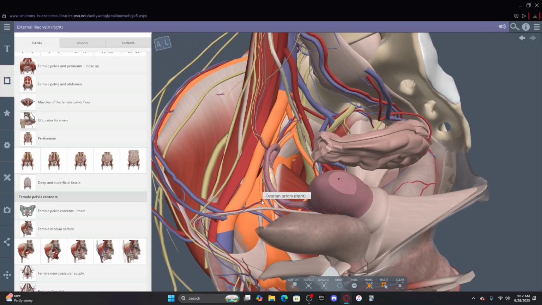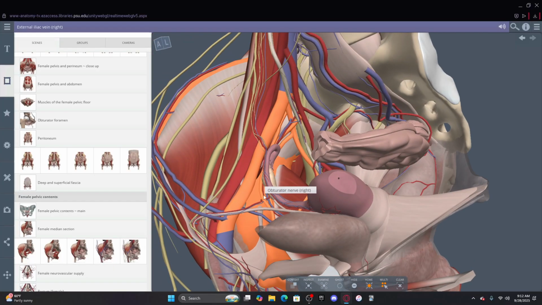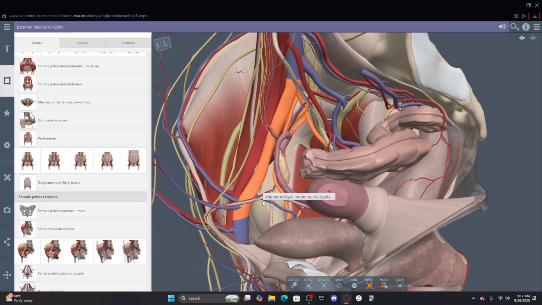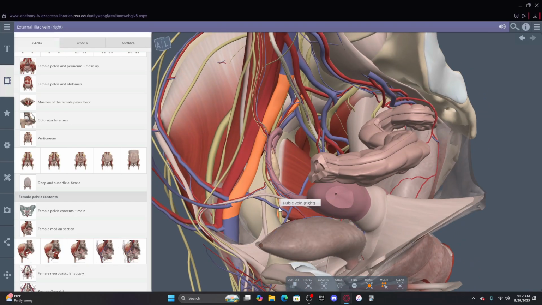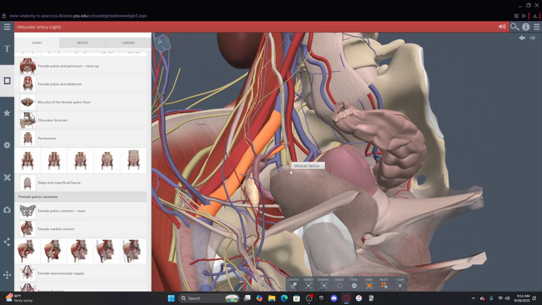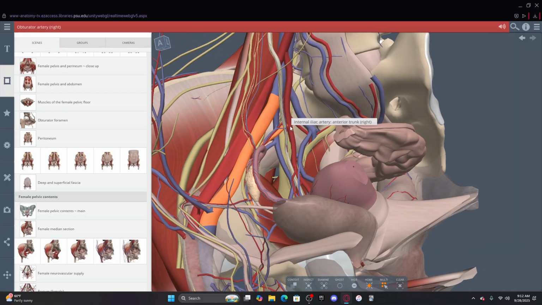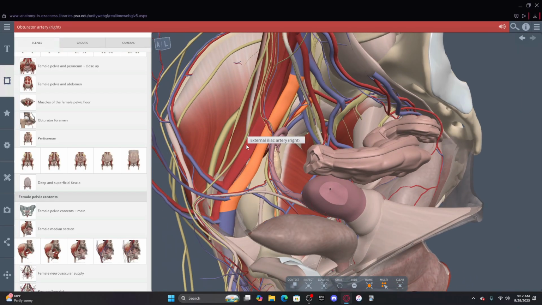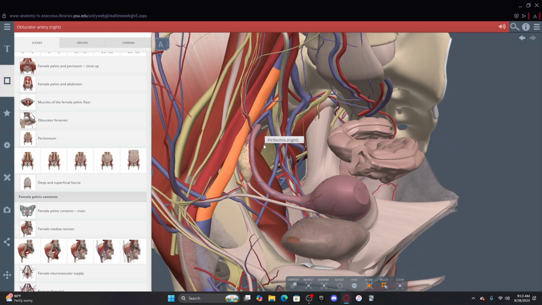Where's the obturator artery? It's right here. Ooh, let me remove some things here. That's our nerve. We see it coming from our internal iliac artery. So just make sure that we know where these nerves, arteries, and veins are coming from, so we can identify them a little bit better.